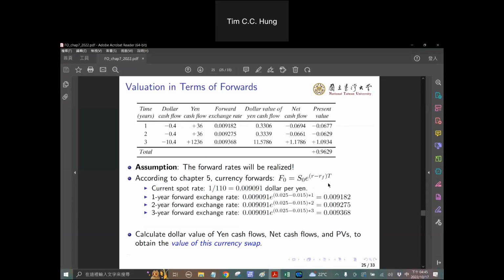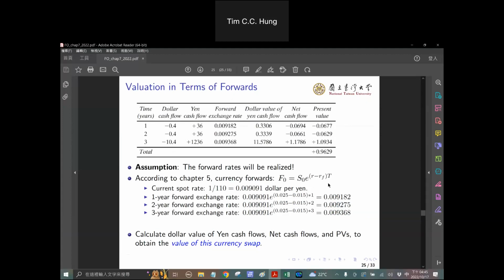We can calculate the forward exchange rates according to the information we have. We'll get exactly the same answer at the end, but it's a totally different way of seeing it. So now let's do another way. This is valuation in terms of forwards.